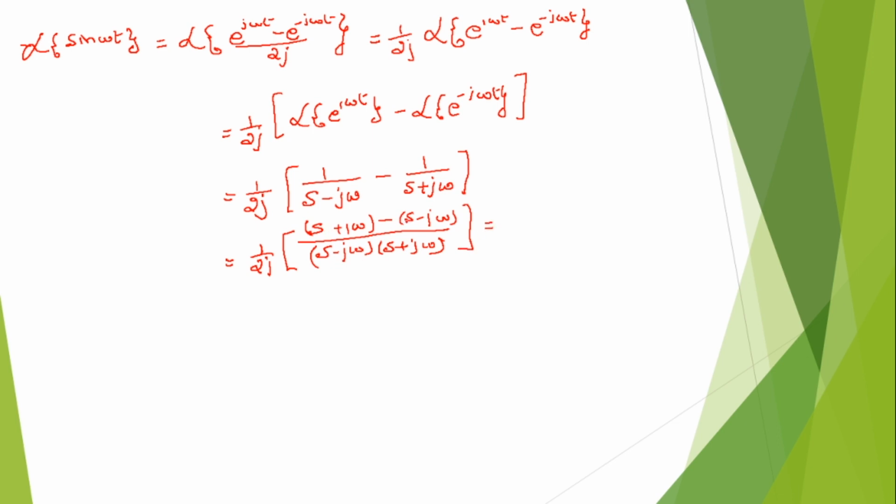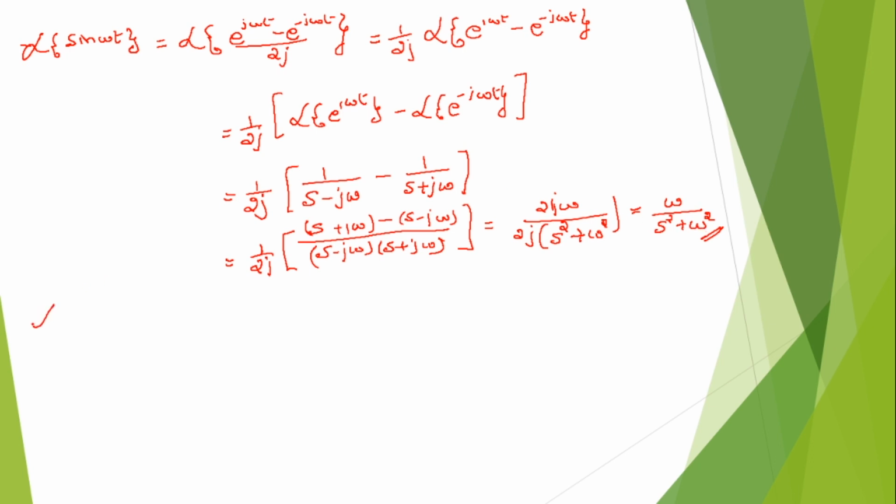So here s gets cancelled, j omega plus j omega, so 2j omega divided by 2j into, what happens is a minus b, a plus b, a square minus b square, where j square is equal to minus 1, so s square plus omega square. So this is equal to omega by s square plus omega square. So the Laplace transform of sin omega t is equal to omega by s square plus omega square.